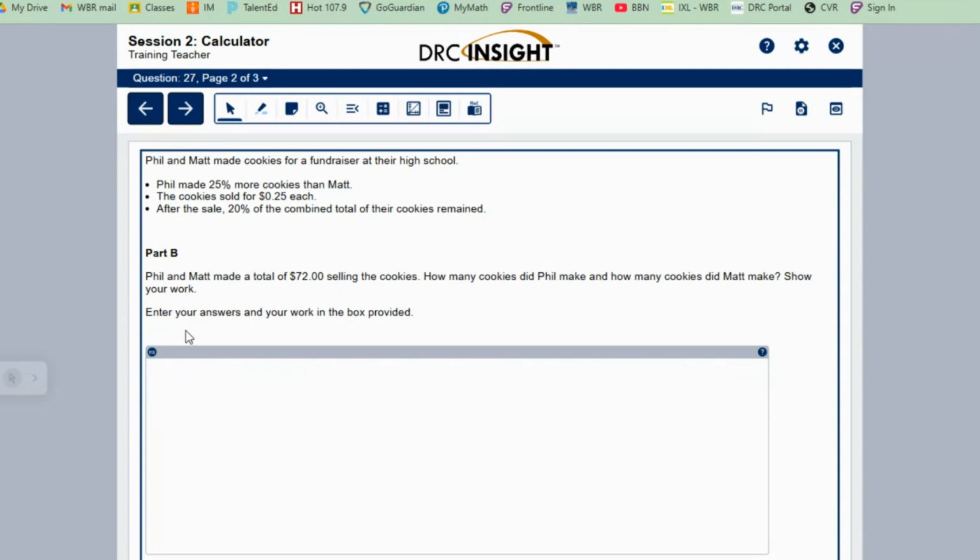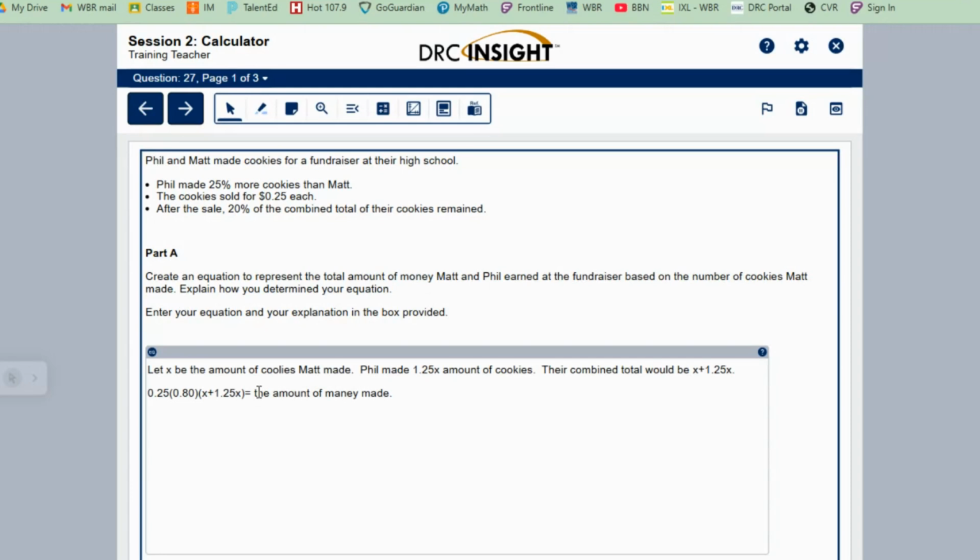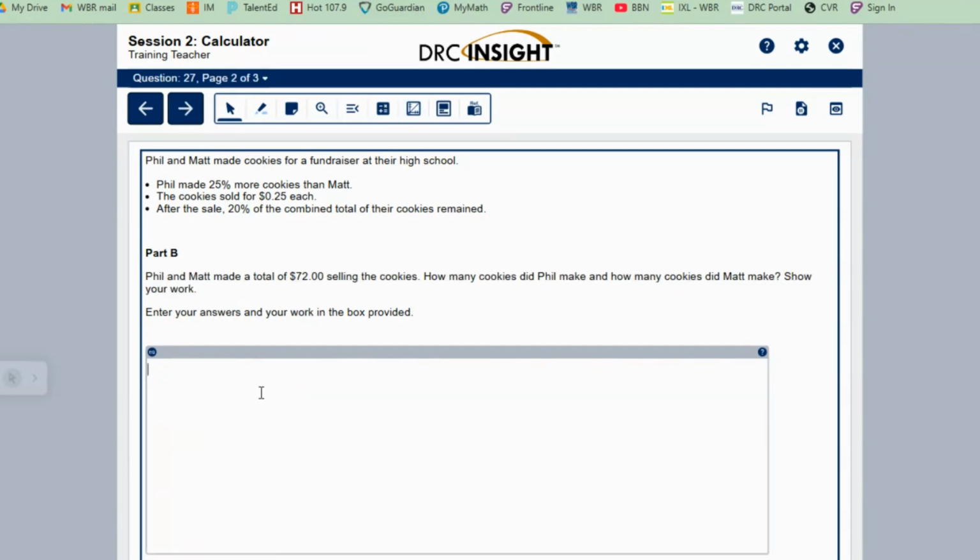Next, if Phil and Matt made a total of $72 selling the cookies, how many cookies did Phil make and how many did Matt make? Show your work. So I'm going to keep this equation that I created, copy it and bring it to this next part.